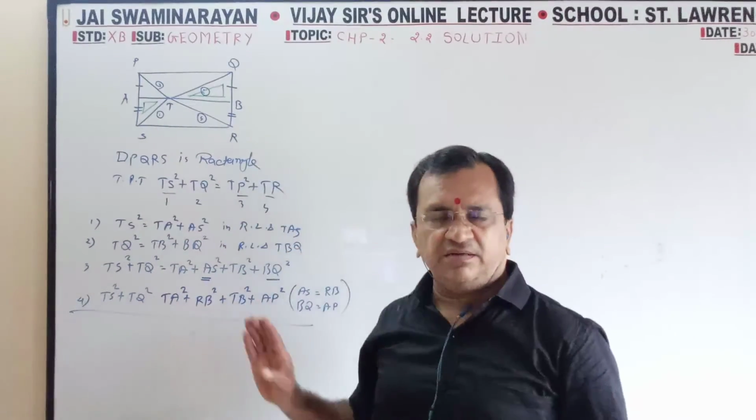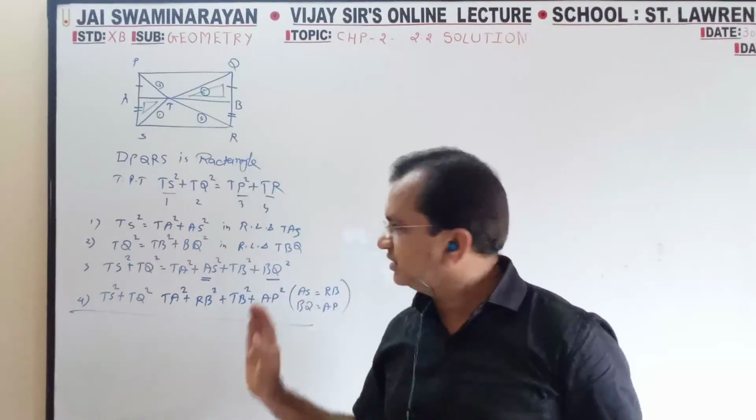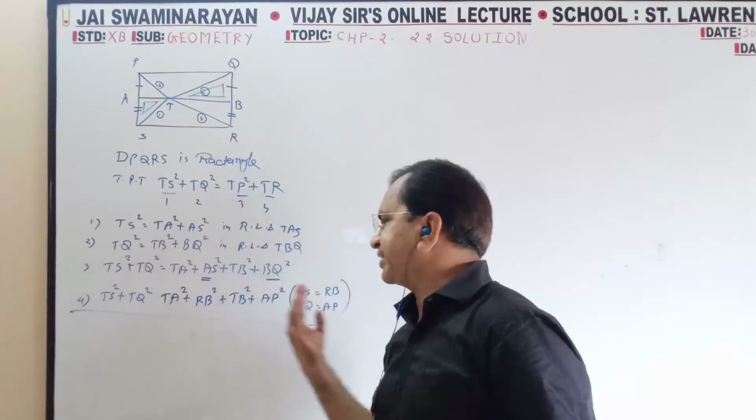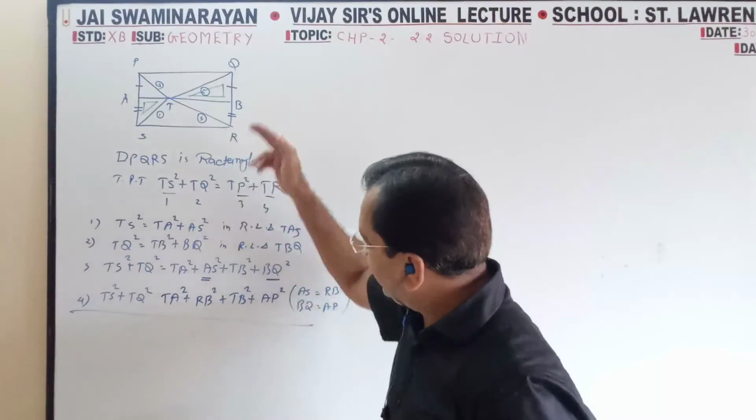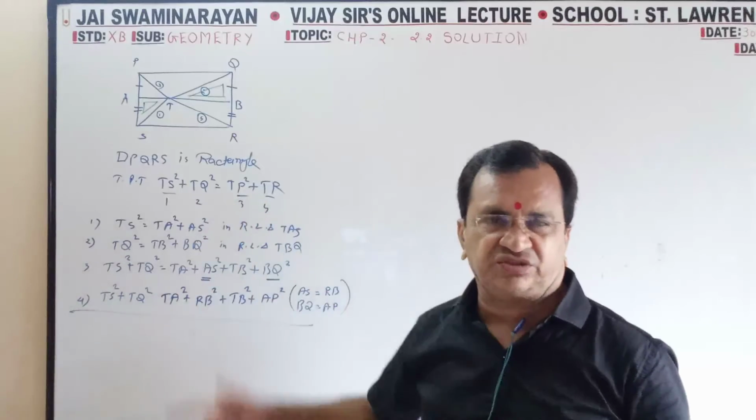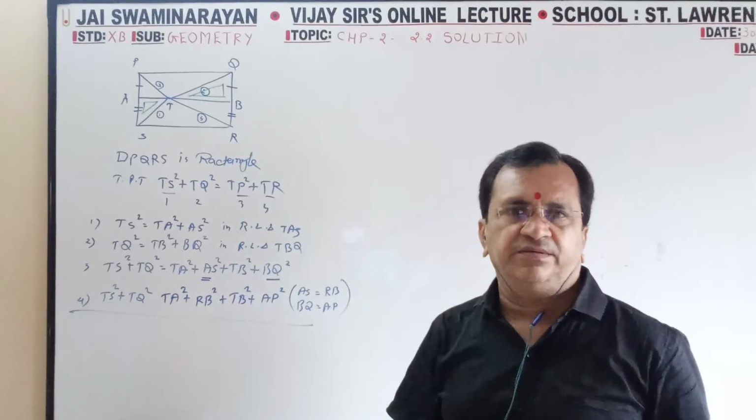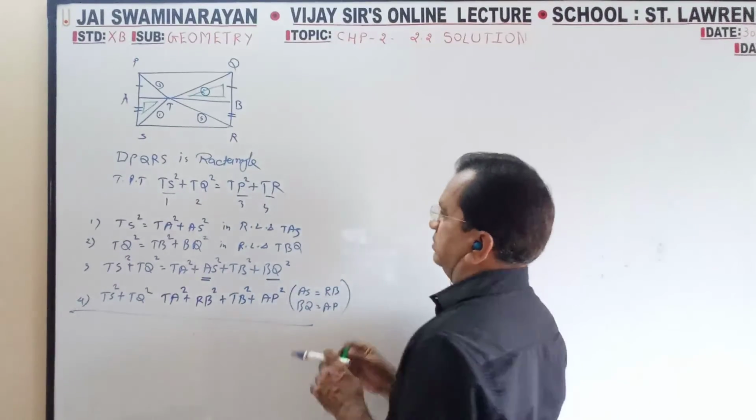I want this square, Pythagoras. I want this square, Pythagoras. Left side plus left side is equal to right side plus right side. I have checked the diagram for what I can replace with which. Done.